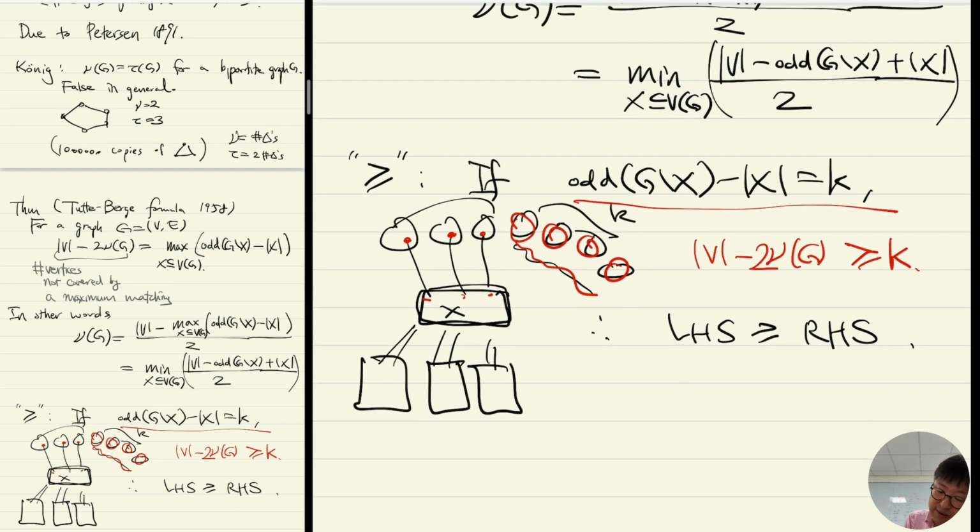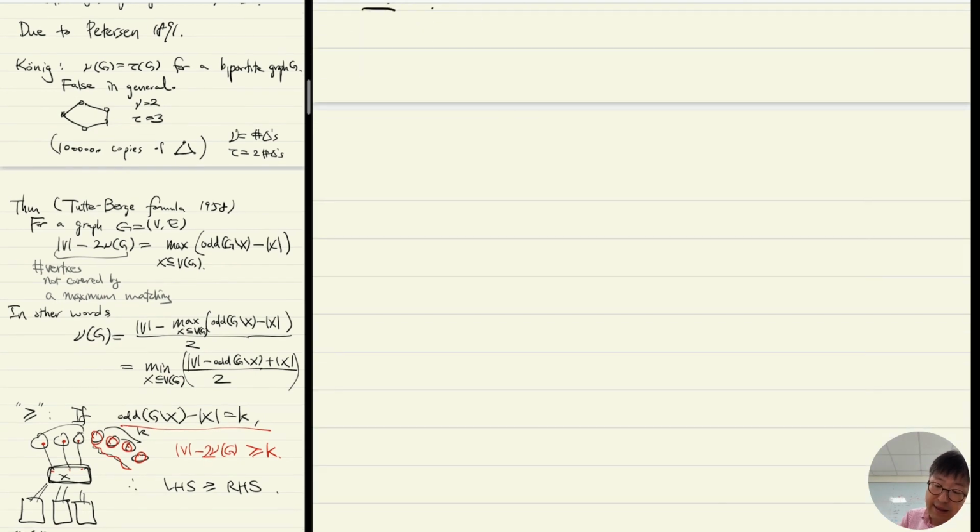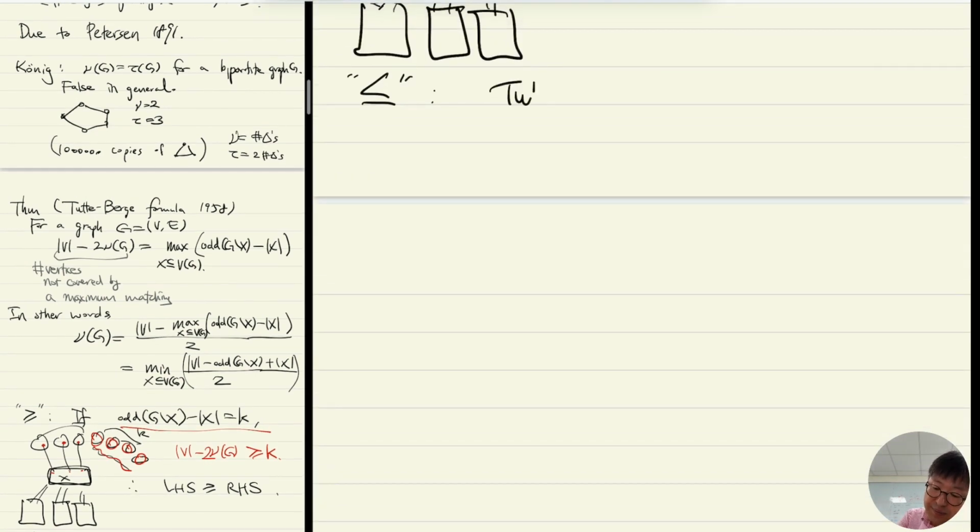So what's non-trivial is the other direction, right? Why do we have equality? So it's enough to prove the other direction. And that's where we're going to use Tutte's theorem. How do we use Tutte's theorem?